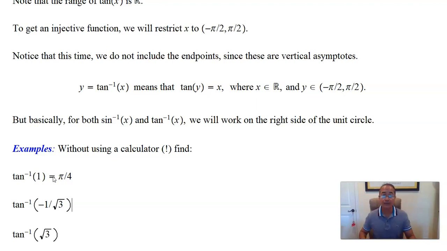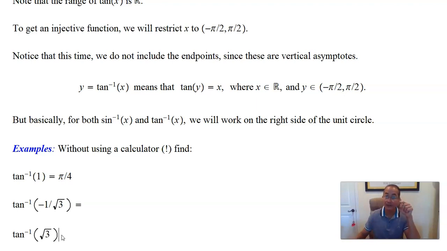So if that's pi over 4, then the ones involving radical 3 are either pi over 6 or pi over 3. Okay, and we have a negative tangent here and a positive tangent here. Let's do the positive first. Okay, so we're in quadrant 1. Who is the angle in quadrant 1 whose tangent is radical 3?